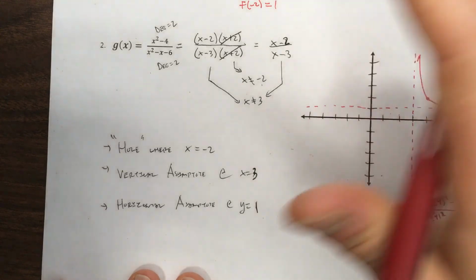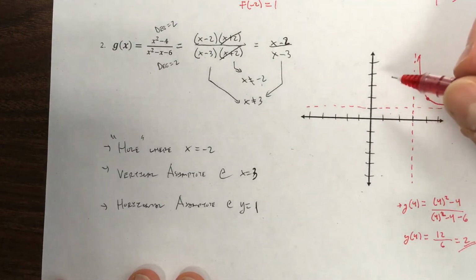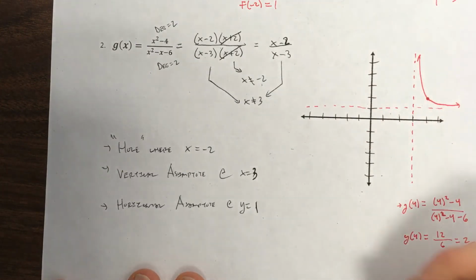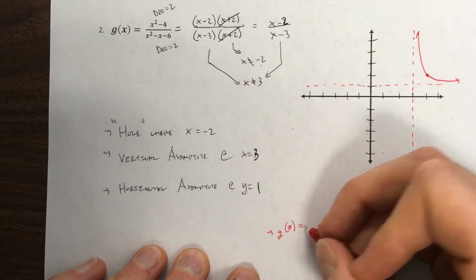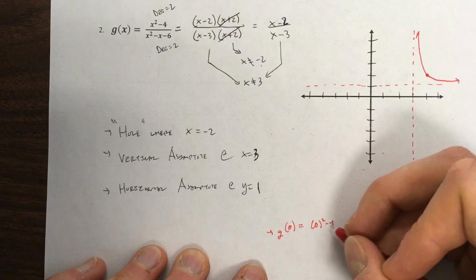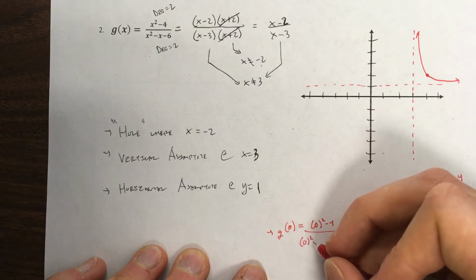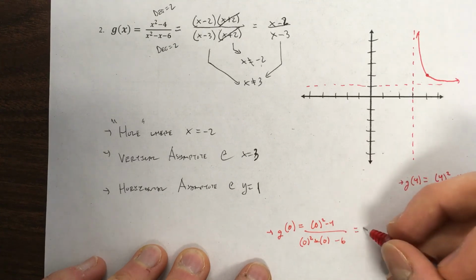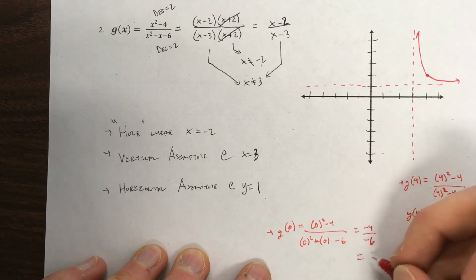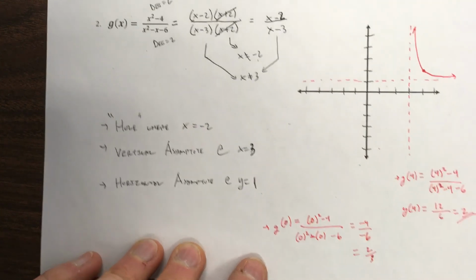Now we can also figure out what's happening on the other side. Let's say we plug in 0. G of 0. And if we do that, we would get negative 4 over negative 6, or if you simplify it, 2 over 3.